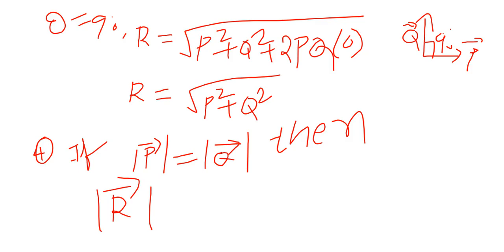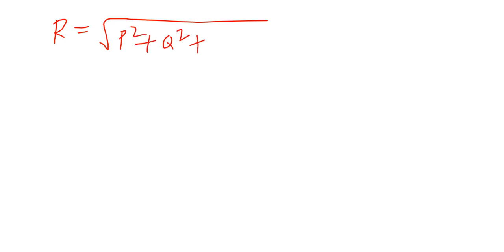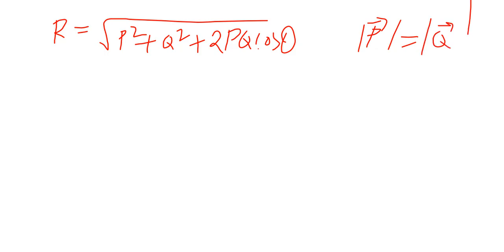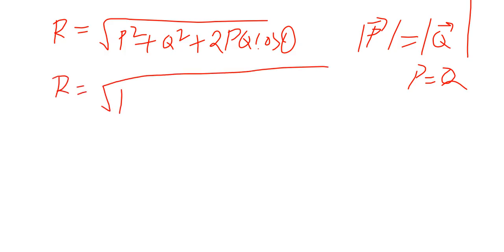So R is equal to root over P square plus Q square plus 2PQ cos theta. Here the condition is modulus of P bar is equal to modulus of Q bar. That means P is equal to Q. Then R is equal to root over P square plus P square plus 2P square cos theta.